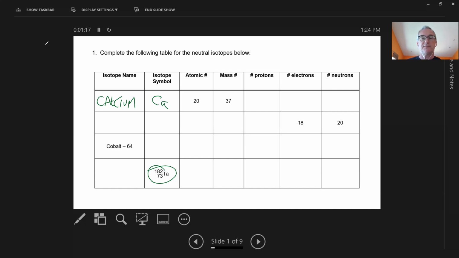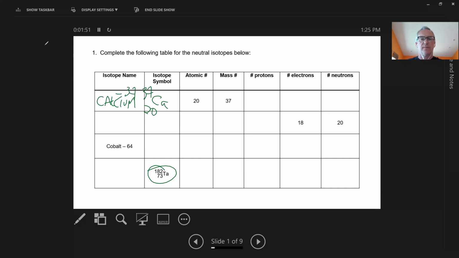So how are we going to do this for calcium 37? Where does the 37 go? Where does the 20 go? 20 on the bottom, 37 on top. Yeah, 37 up here and 20 down there. And for the isotope name, we would just have calcium dash 37.